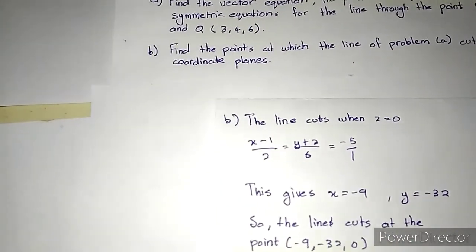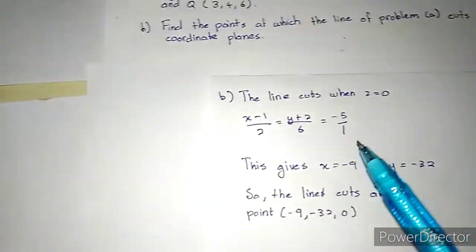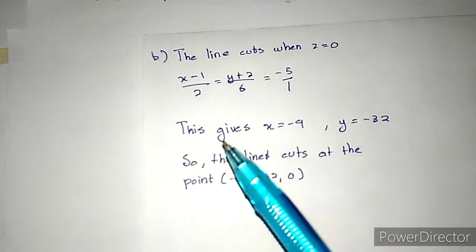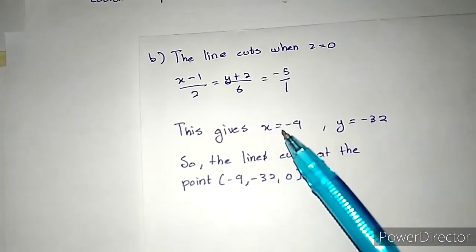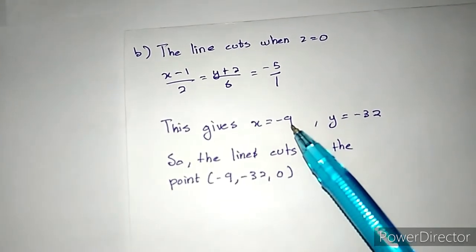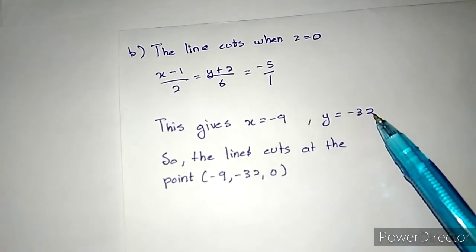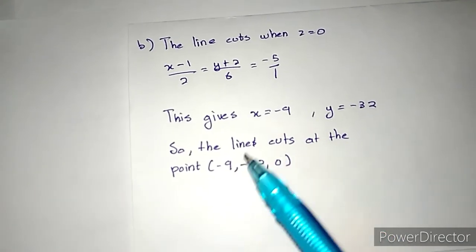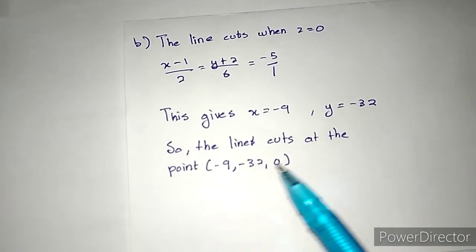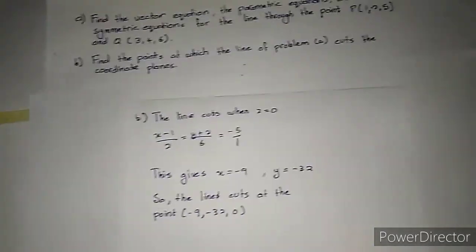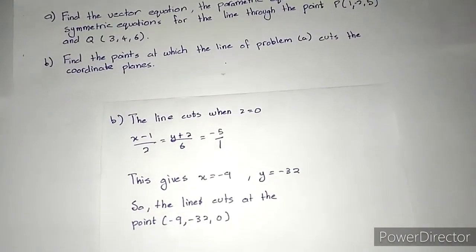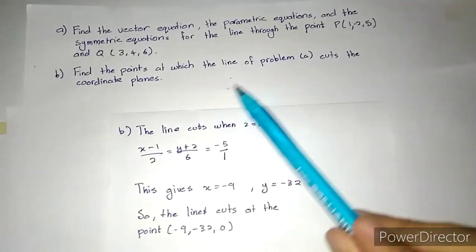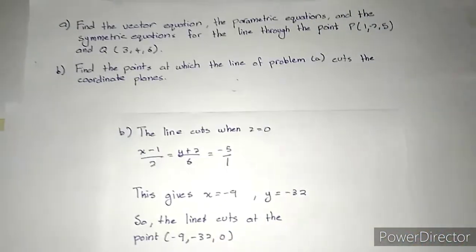From this we get x equal to -9, y equal to -32. So the line cuts at the point (-9, -32, 0). So that's how you solve these problems. I'm sorry, that's all. Thank you.